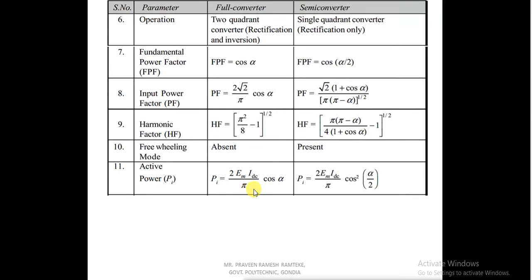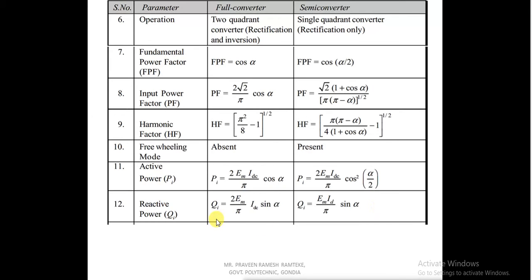Supply current for full converter is a square wave, and in the semi-converter it is a quasi square wave. Quasi square means we will have some make and break pulses.